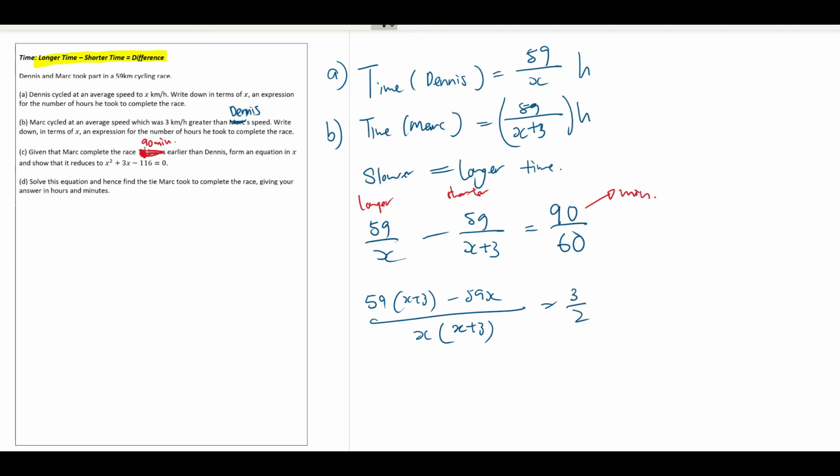So that later you can cross multiply easily. The numerator is left with 59 times 3, so 59x plus 177 minus 59x over x bracket x plus 3 equals 3 over 2.